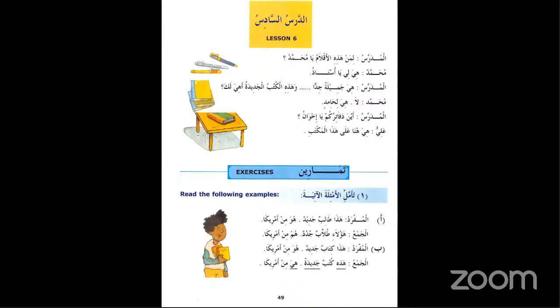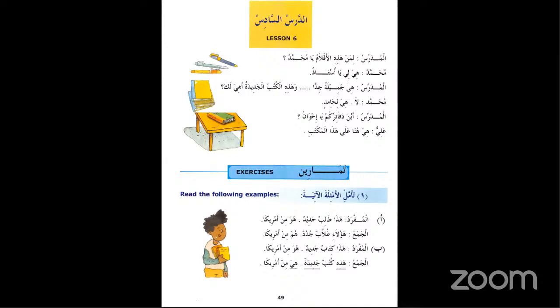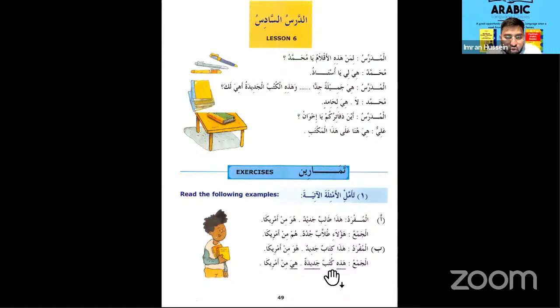Okay. Yes. Thank you. Sister Sama. Yes. I couldn't understand hazihi kutubun jadidatun. Why use jadidatun? Is it because kutubun is now going to be treated as a singular? It will be treated, even though it's plural, as a singular feminine word in regards to its construction in the sentence.